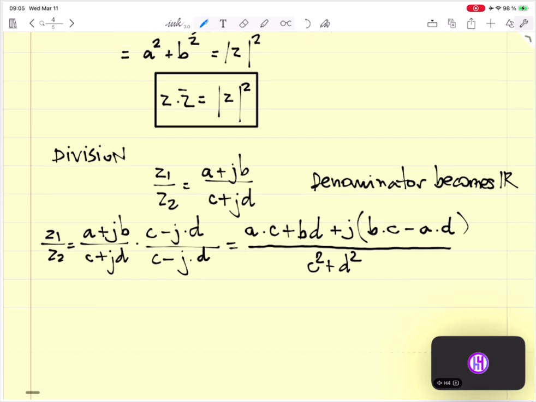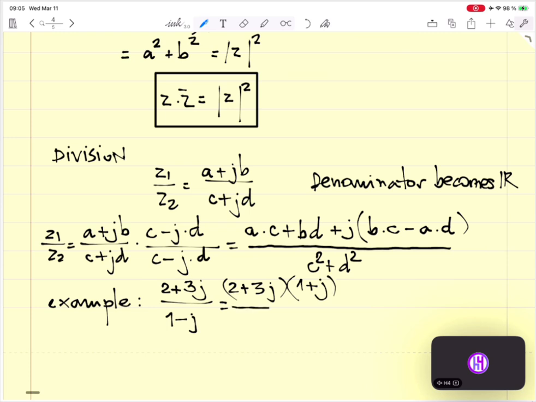This is the division. We can make an example with real numbers if you care. Let's say we want to divide 2 plus 3J divided by 1 minus J. Okay? So we say this is 2 plus 3J times 1 plus J, the complex conjugate, divided by 1 squared plus 1 squared.